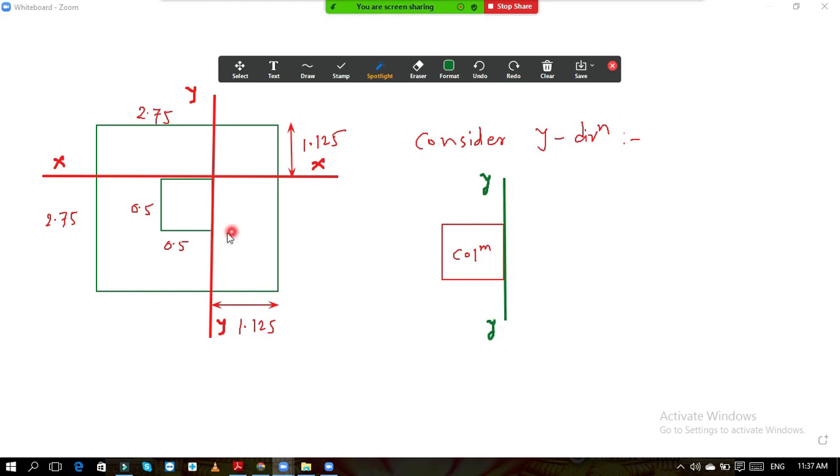So how much is the distance remained to this side? This is the strip. It is 1.125. Okay, so that I will draw. Here it is.